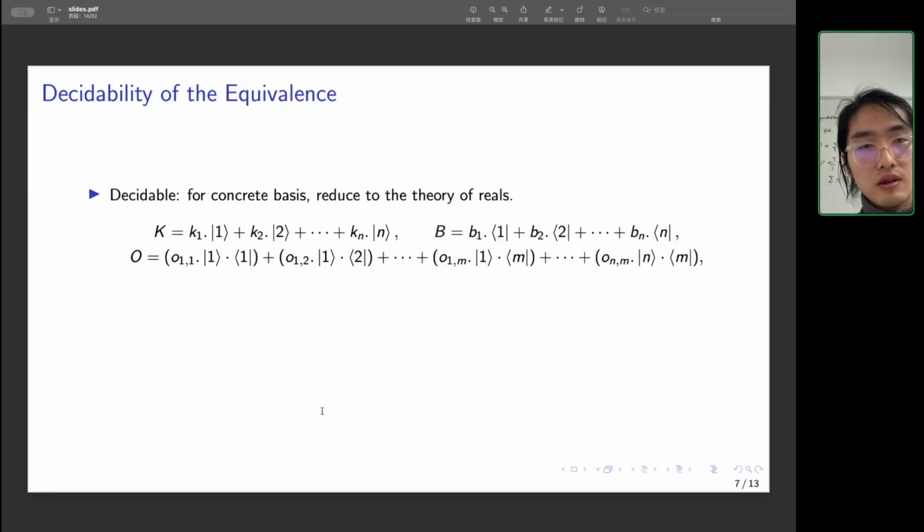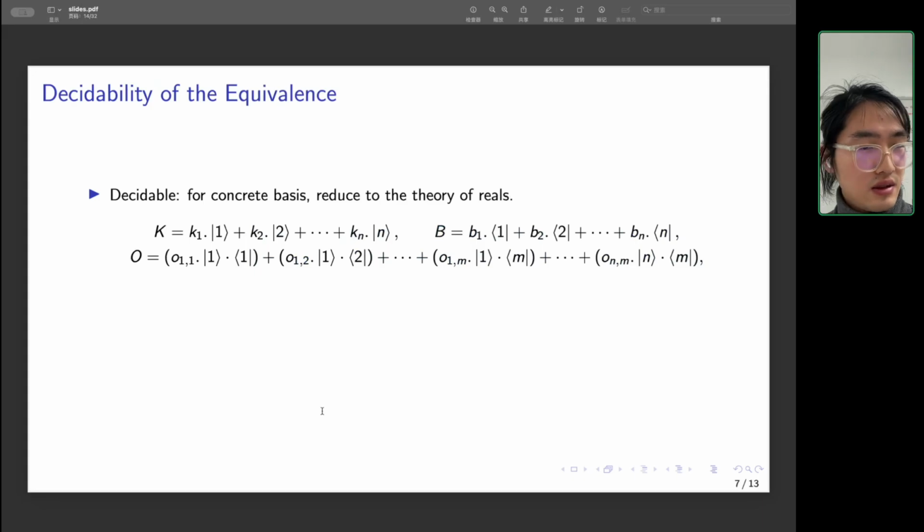And we can also consider how hard the problem is. We can provide two ways of thinking. One is if you have the concrete basis, meaning that you can do the decomposition, then you can reduce the equivalence problem of Dirac notation to the theory of reals, which is decidable.